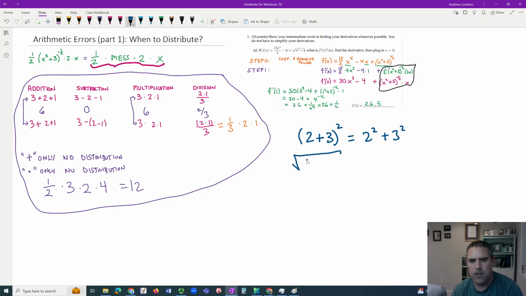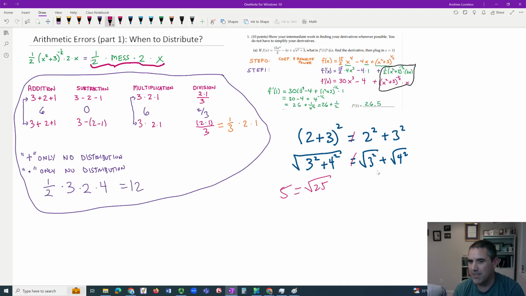Normally the numbers we use are 3 squared plus 4 squared, and I've seen students do this. These are both wrong. And it's yet another example of distributing when you can't distribute. Those are not the same. You can just quickly check them. This should be the square root of 25, which is 5.